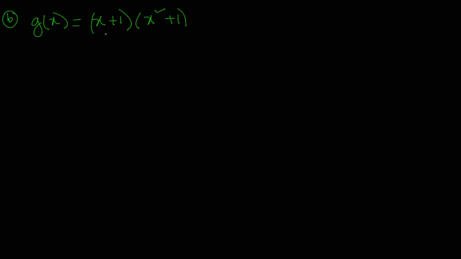For now I'm not going to count the positive 1 here. So let's count x and x squared. If I multiply x with x squared, what do I get? Again x cubed. So this is a third degree polynomial, n = 3. So what's the maximum number of real zeros possible? The maximum is 3.